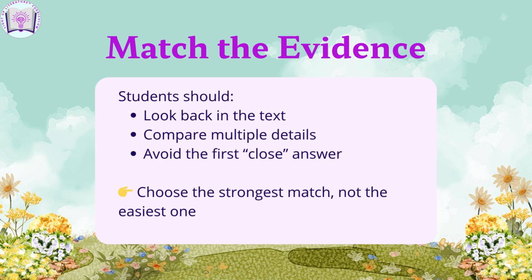Step 2, this is where most students struggle, is matching the evidence to the question. Students need to be able to go back to the text, compare multiple details, and avoid grabbing the first answer that looks close. We want them choosing the strongest match, not the easiest one.